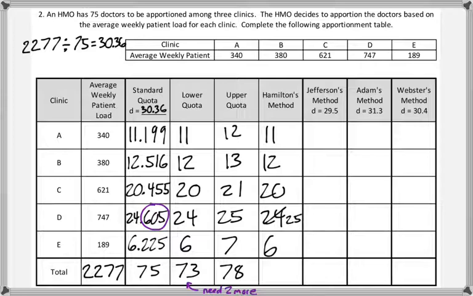So that's now 25. The next largest decimal is 0.516. So Clinic B gets 1 extra doctor. So that's now 13. And then if we add these up now, this equals the 75 doctors.